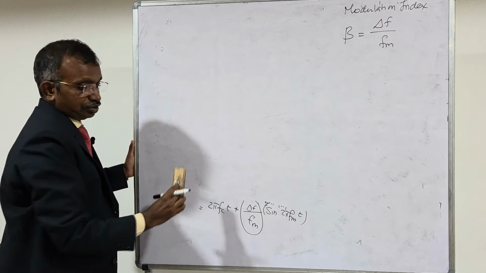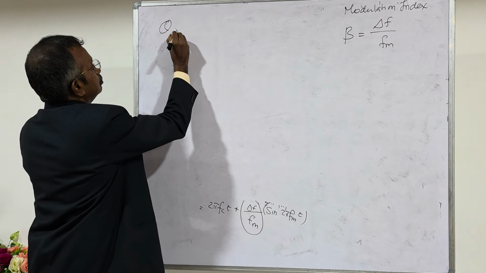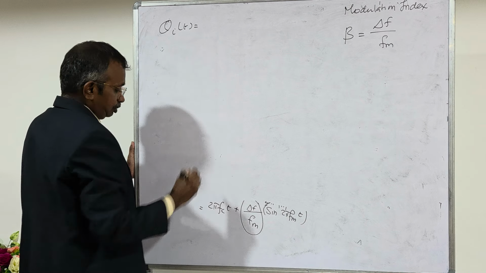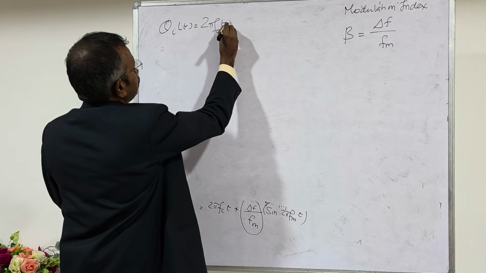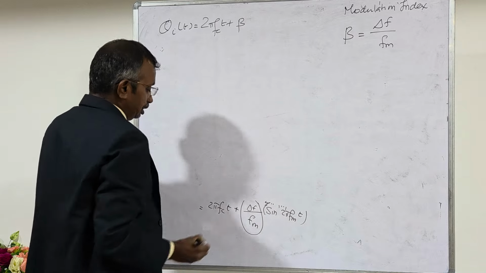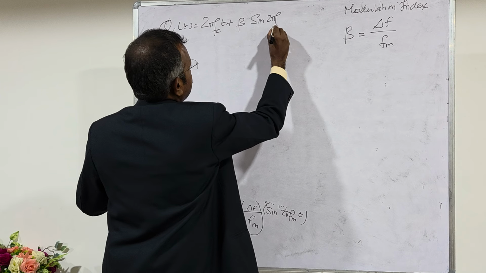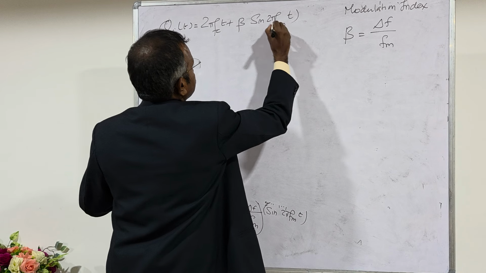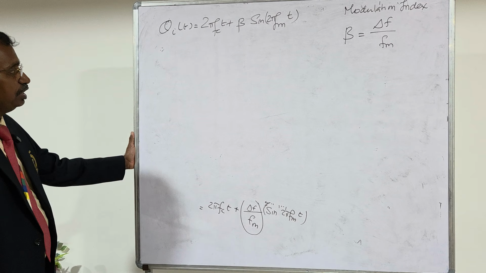So this angle theta i of t is equal to 2 pi fc into t plus beta into sin 2 pi fm into t, where beta equal to del f by fm.